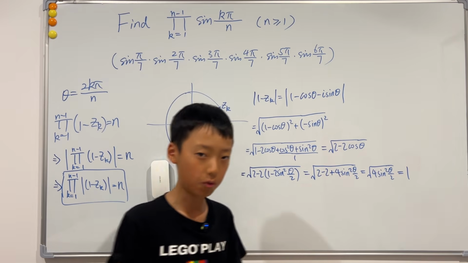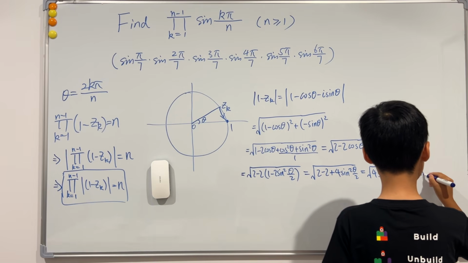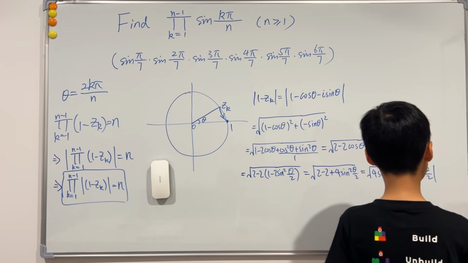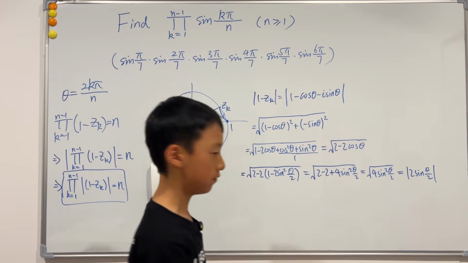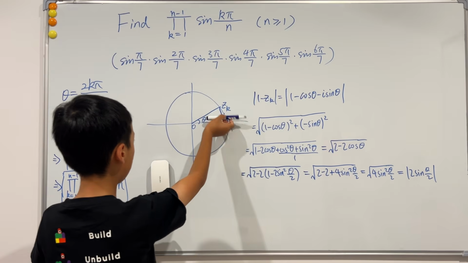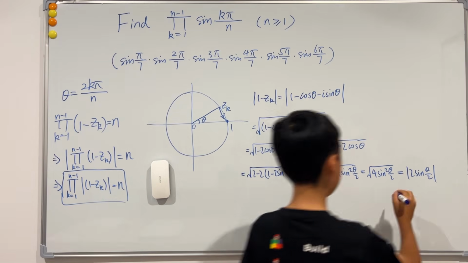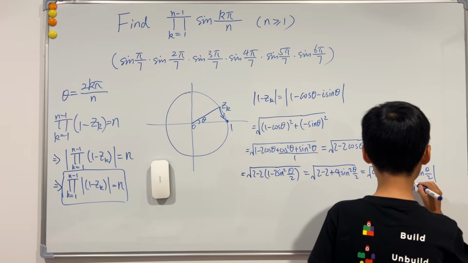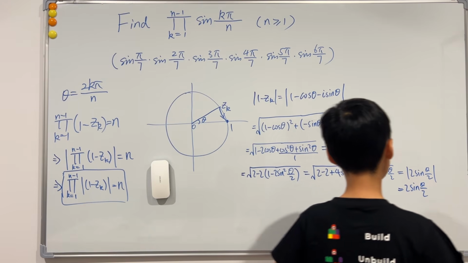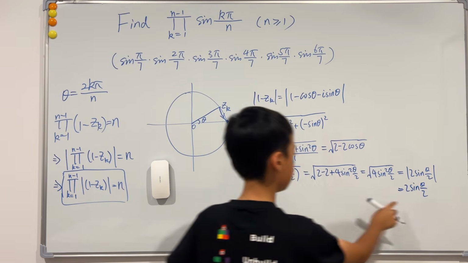So now this is not modulus, this is absolute value of 2 sine theta over 2. Now, we actually don't need the absolute value because for theta over 2, it is only the top half, not the bottom half. So it is always positive. So we actually don't need the absolute value. Great! So we know that the modulus of 1 minus ck is that.